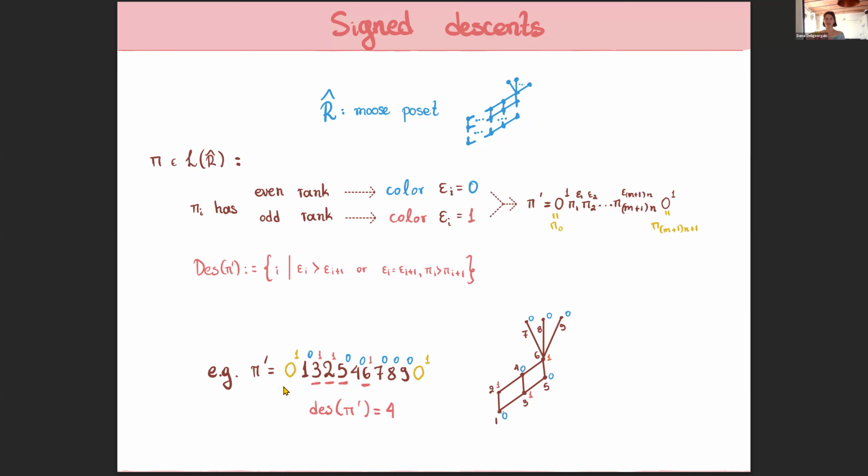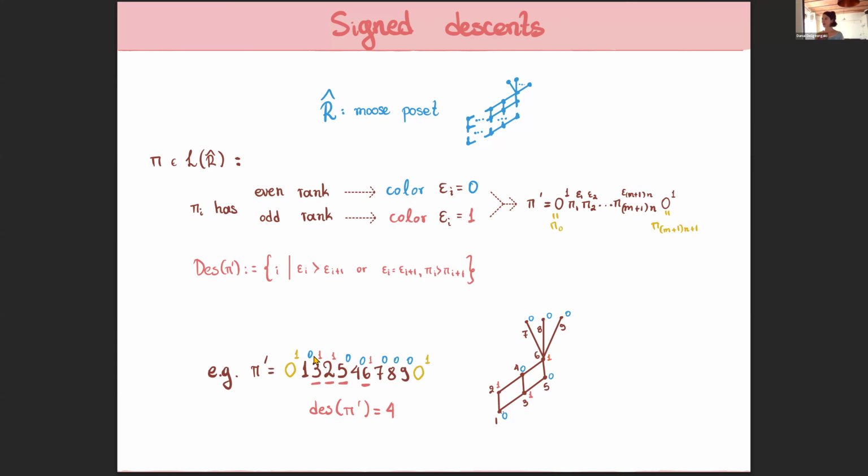You can see in the examples how I label the heights with 0 and 1. And I'll give it color 1 if it comes from an odd height, just like in the example. So here I have the example 1, 3, 2, 5, and so on, and I bring in the corresponding heights. I also attach a 0 in the beginning and the end. That's just to help with descents.